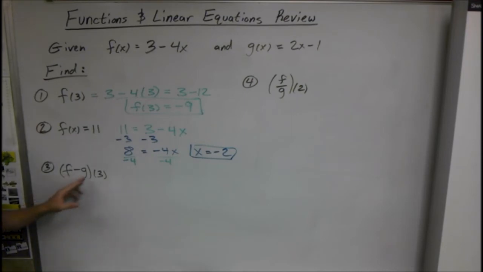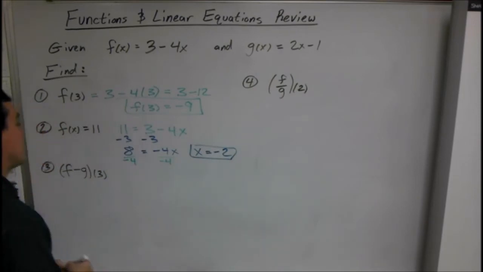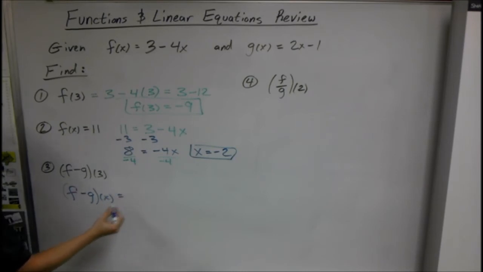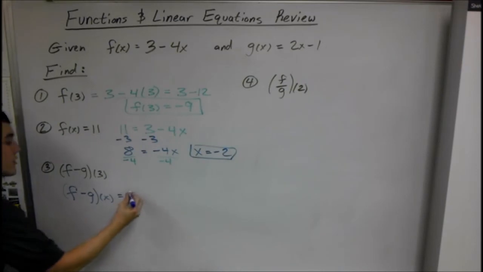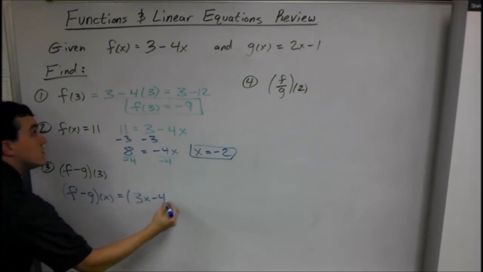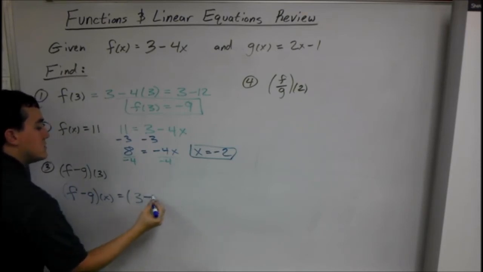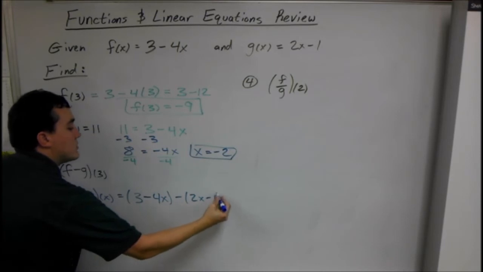When it says find f minus g, that means it wants you to subtract the function first, then plug in the number. So first, f minus g of x is 3 minus 4x, minus 2x minus 1.